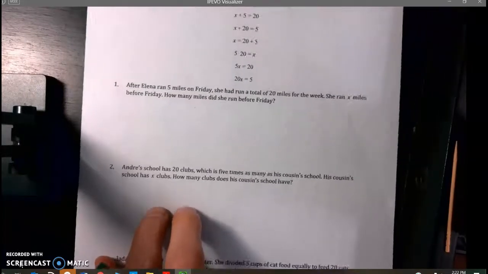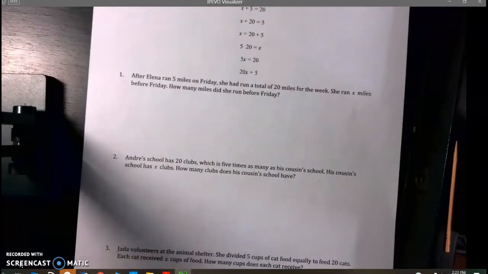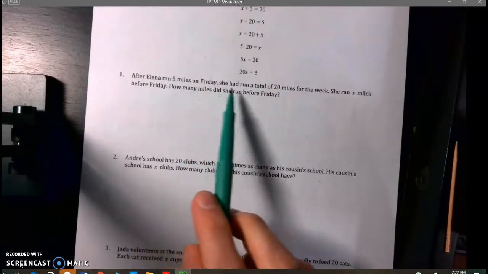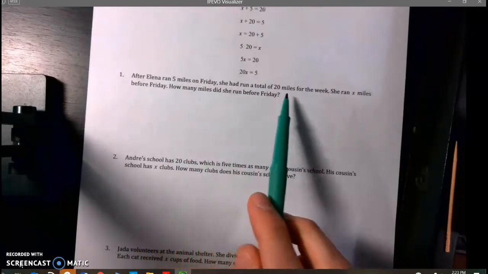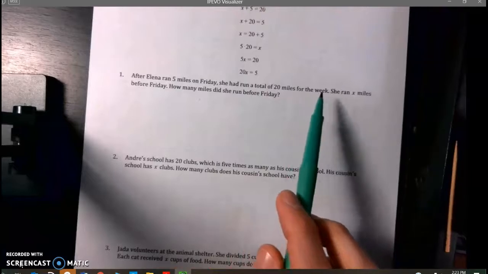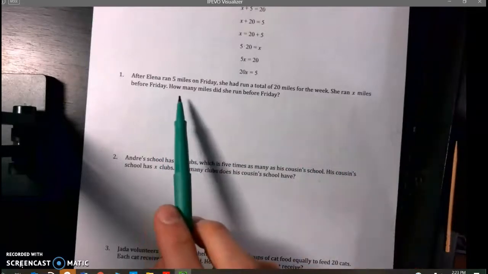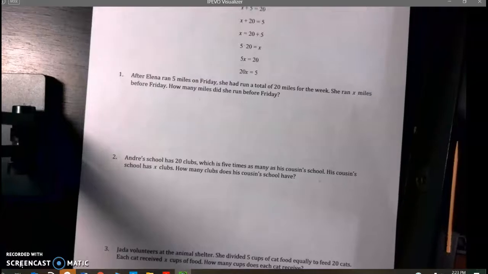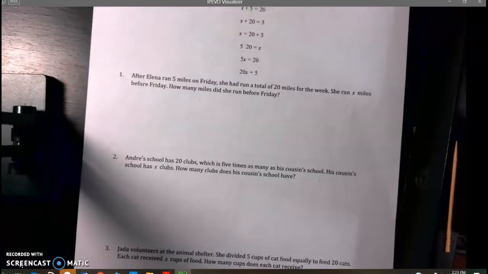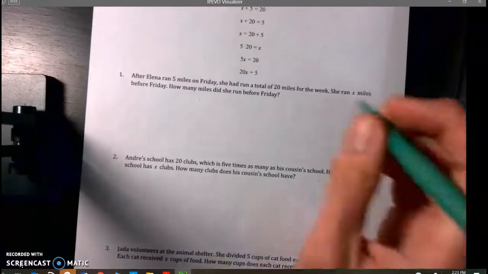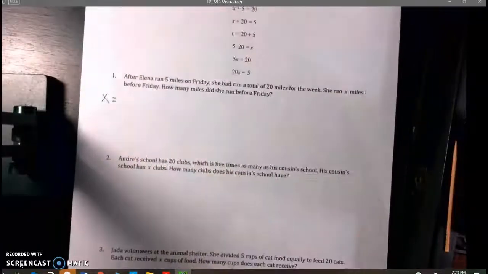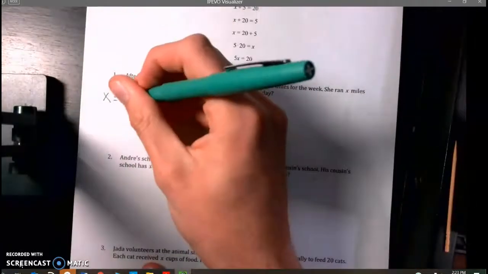So let's look at number 1. So after Elena ran 5 miles on Friday, she had run a total of 20 miles for the week. So she ran X miles before Friday. How many miles did she run before Friday? Okay, so it's important to know X in this situation means the miles she ran before Friday.